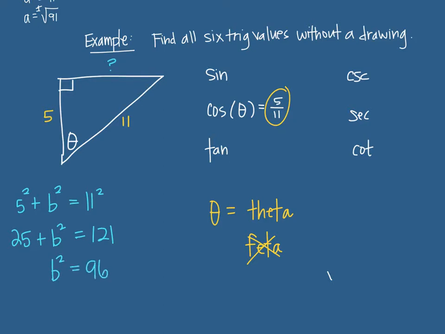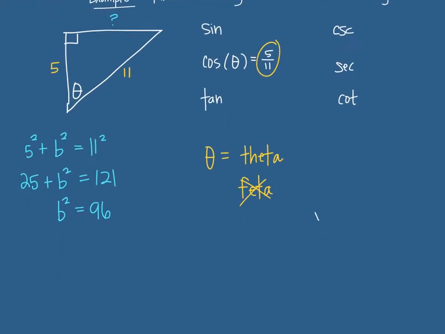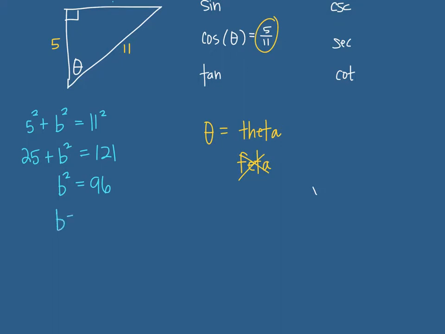So b squared is 96, which is the plus or minus square root of 96. Now 96 can be split up into rad 16, rad 6. Okay, that's how we get 96 from rad 16 and rad 6, which means 4 rad 6.